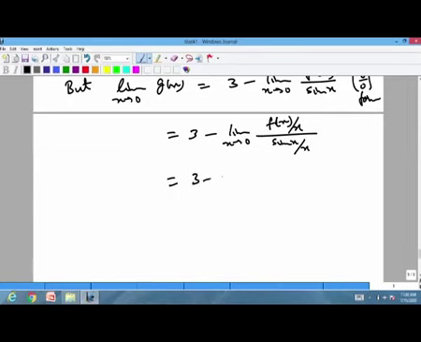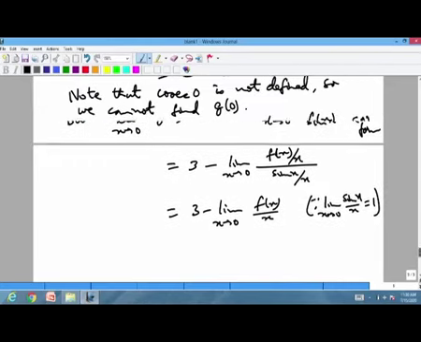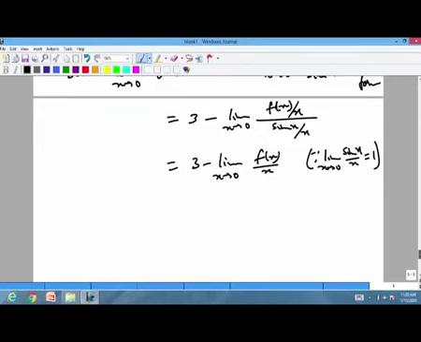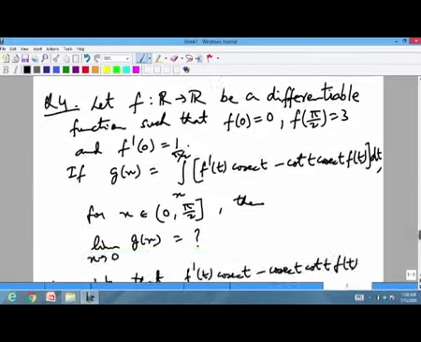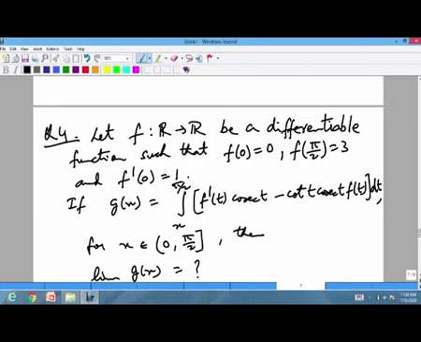So, this is equal to 3 minus the limit as x approaches 0 of f x by x. Now, somehow we have to make use of the derivative of f at 0 being given to us, which is 1.